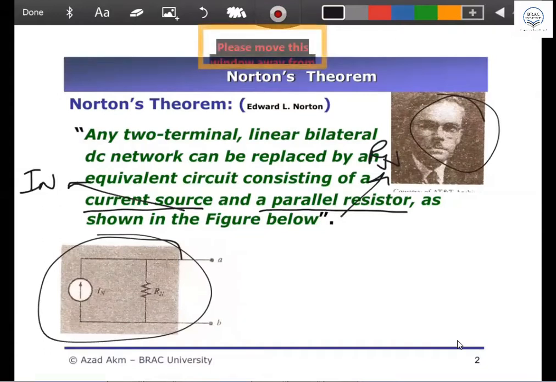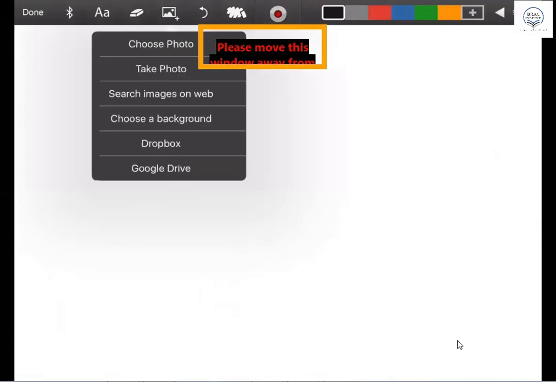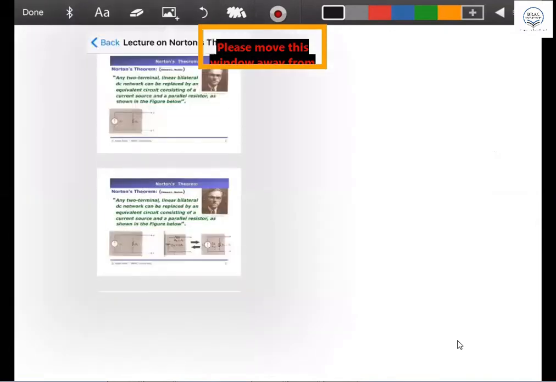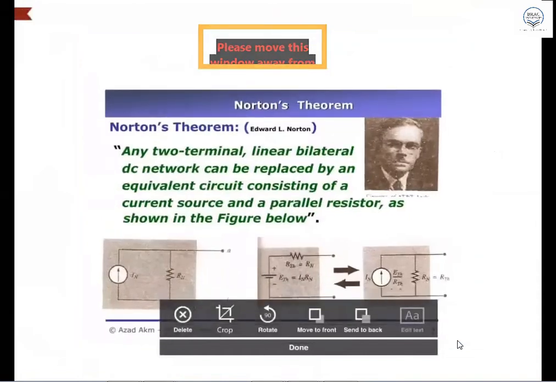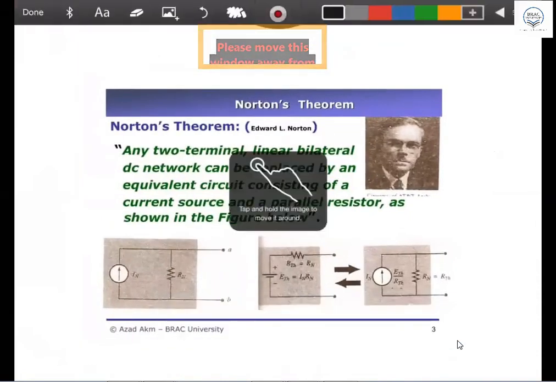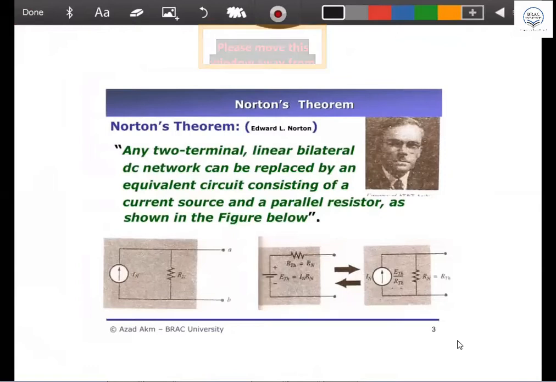Yes, sir. This is the Norton equivalent circuit of any complex circuit. That's what I have told you. Next, you can see the next picture gives you a similar thing, but here the additional part is coming.